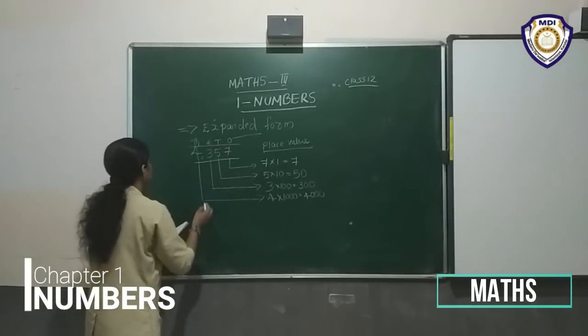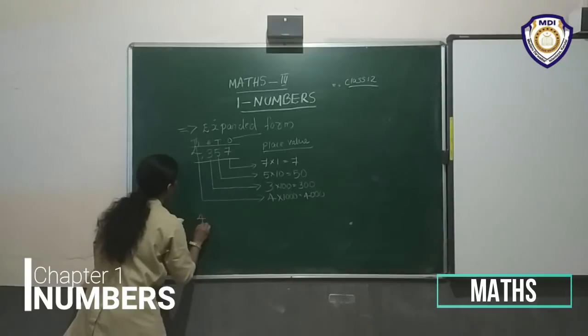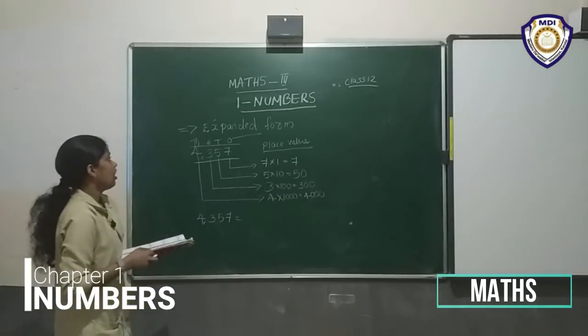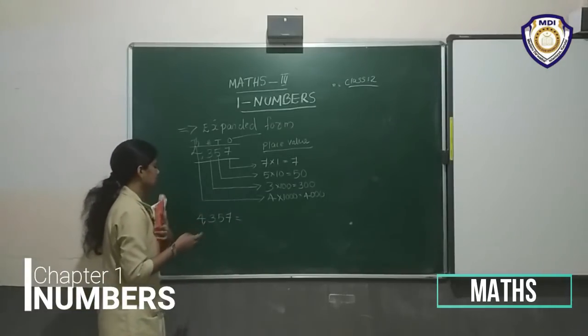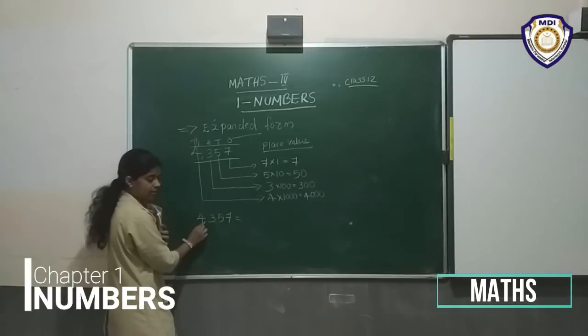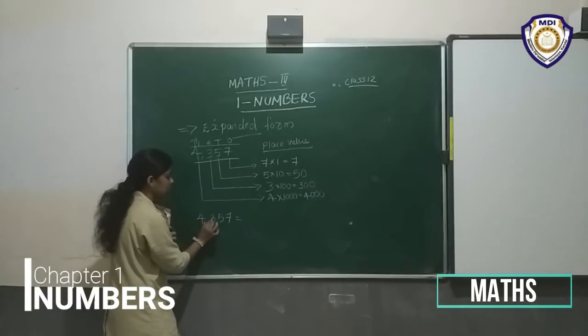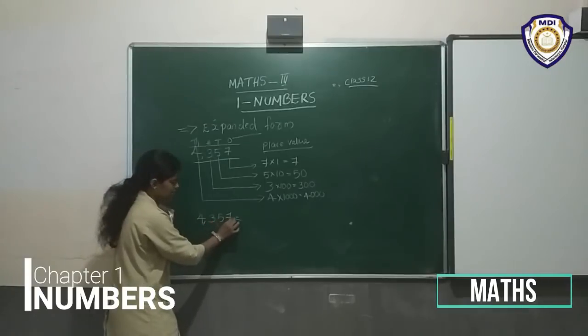Okay. Number 4,357. How to write in expanded form? 4,000 plus, how to read it?